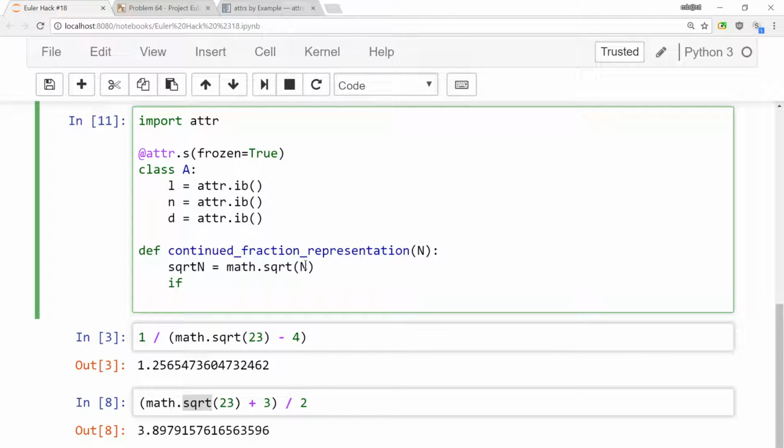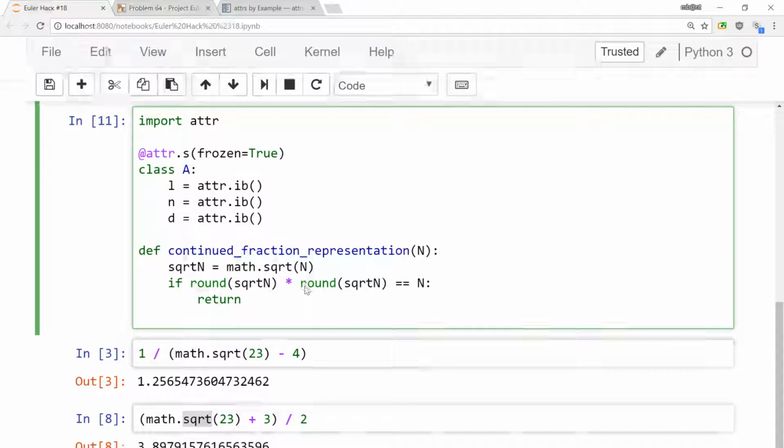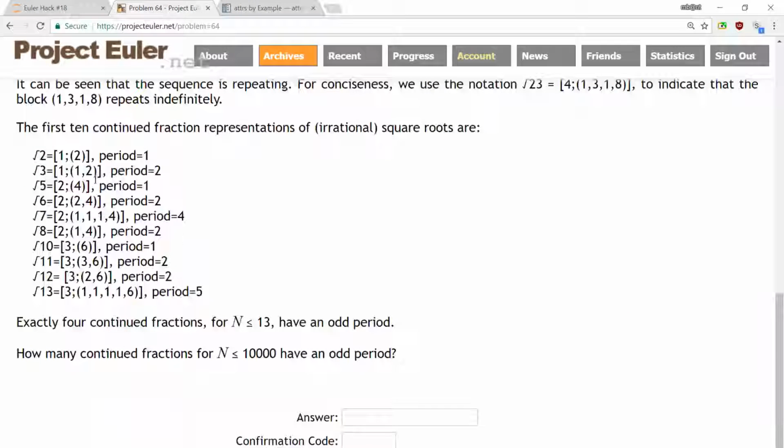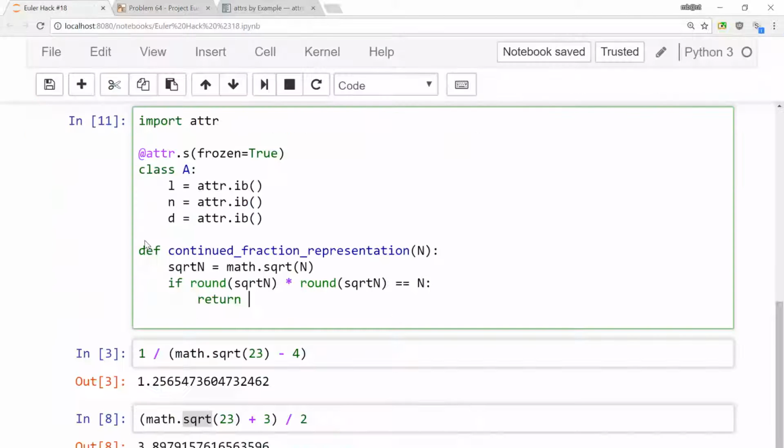If round square root N, I don't know. Where is it? So what is 9? So 9 is period 0. Okay.